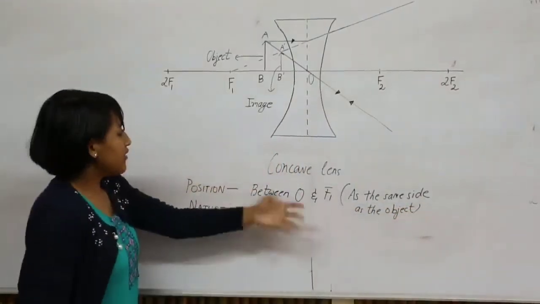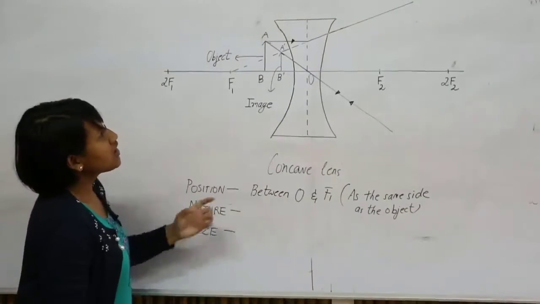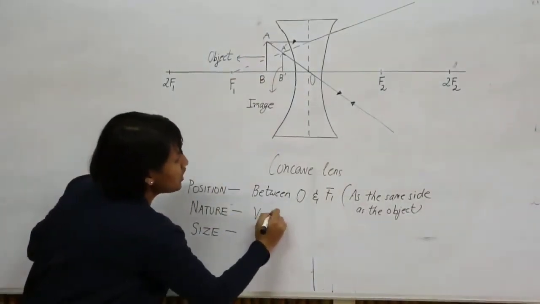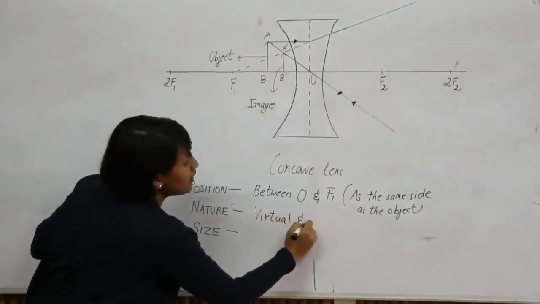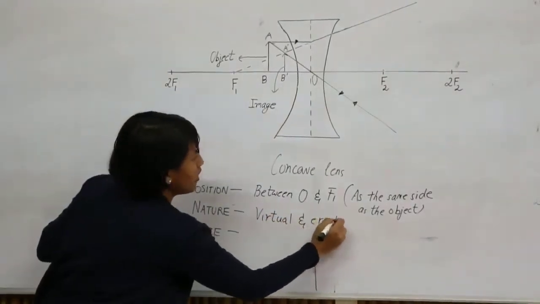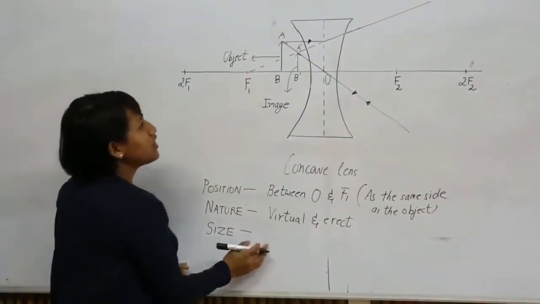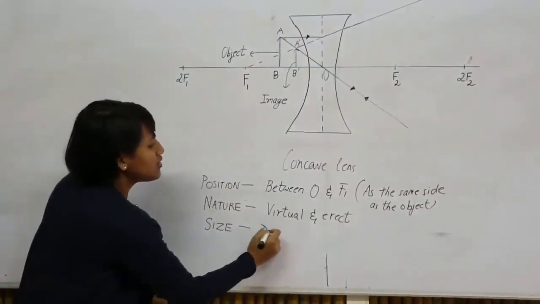Then what happens to the nature? It is erect and virtual, so virtual and erect. However, the size of the image for a concave lens is diminished.